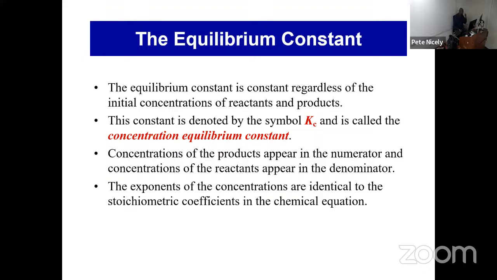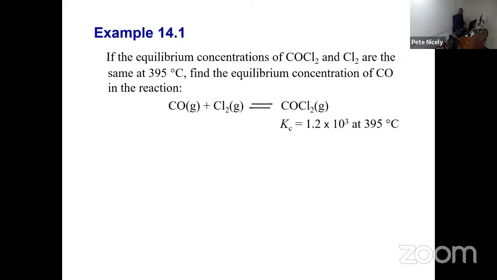All right, so let's look at this example. It says, if the equilibrium concentrations of COCl2 and Cl2 are the same at 395 degrees Celsius, find the equilibrium concentration of CO in the reaction. So the first thing I would do is write down an expression for Kc based on what we have learned.